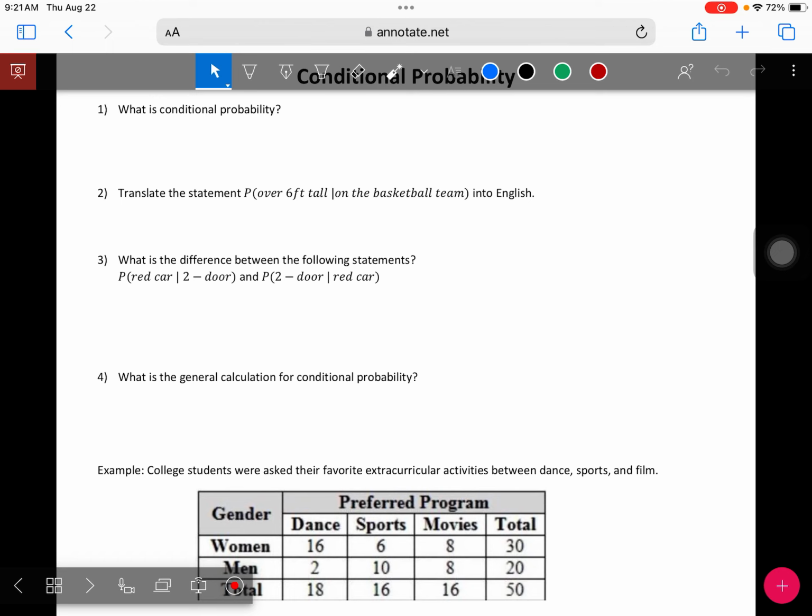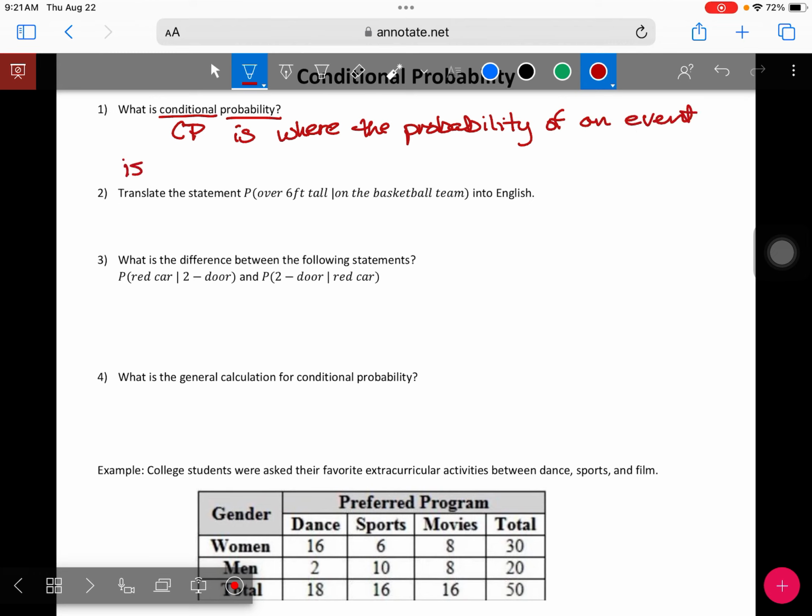Conditional probability. What is conditional probability? Okay. I'm going to say CP, conditional probability, is where the probability of an event is conditional.